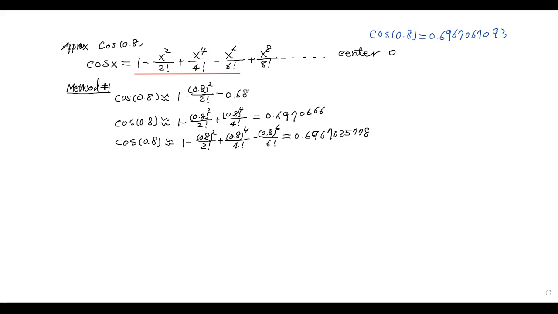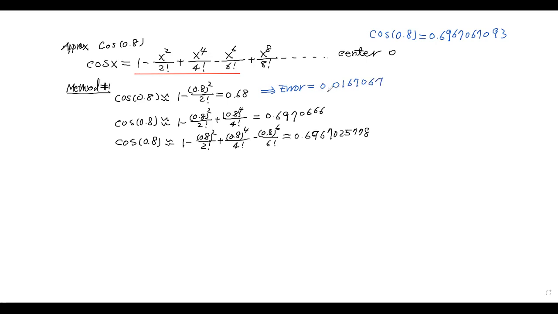Now, let's take a look at the estimates. If I use only two terms, what is my error going to be? My error will be 0.68 minus 0.6967067, which is about 0.0167067.